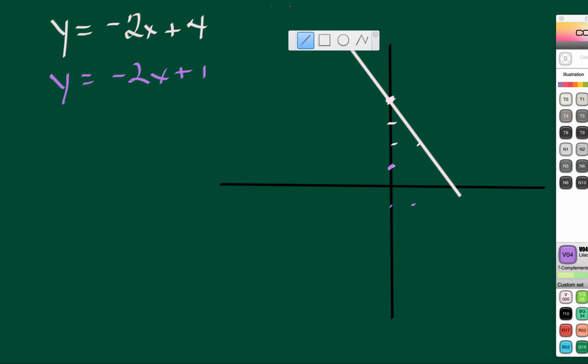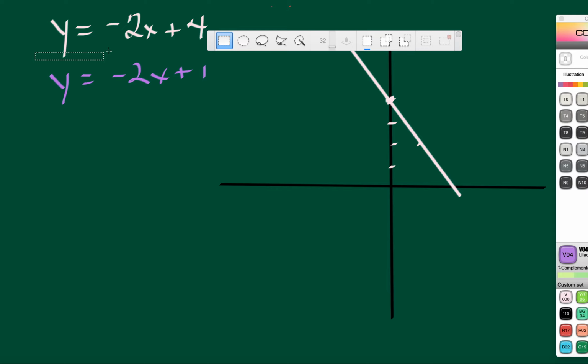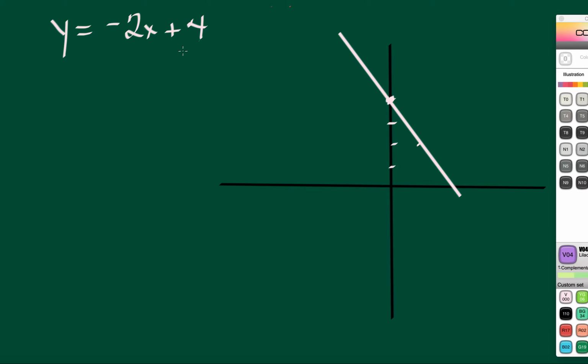So let's go back. And we'll use that same original equation, but let's graph one that's actually perpendicular. So what is the negative reciprocal of, and we'll use the same y-intercept, what's the negative reciprocal of negative 2? Well, we take our -2. So -2 would be -2 over 1.